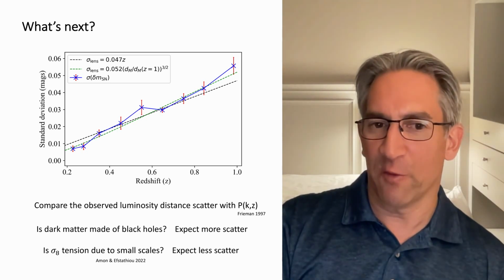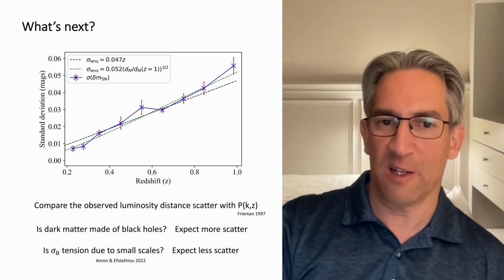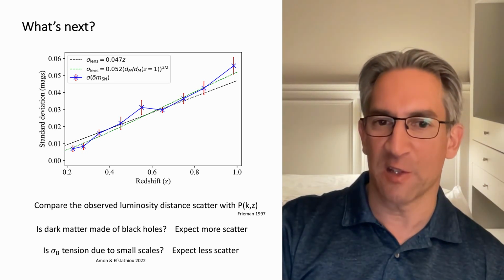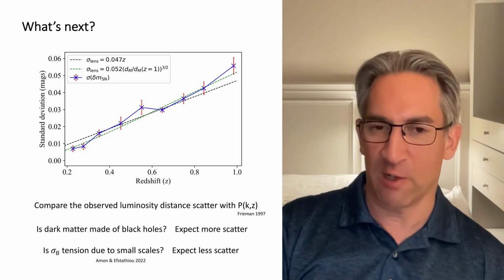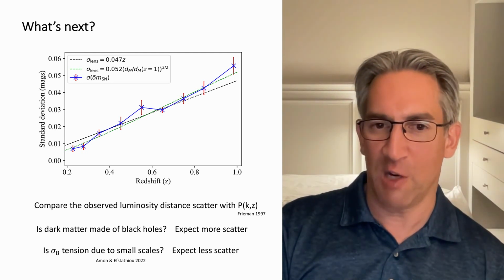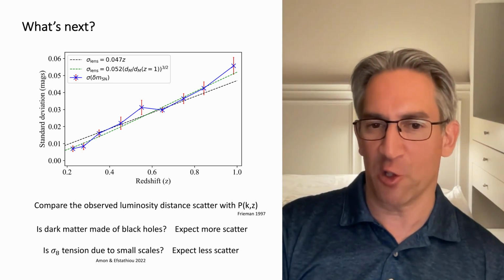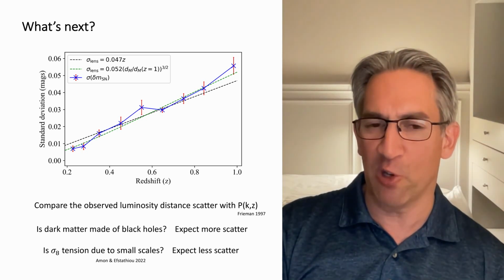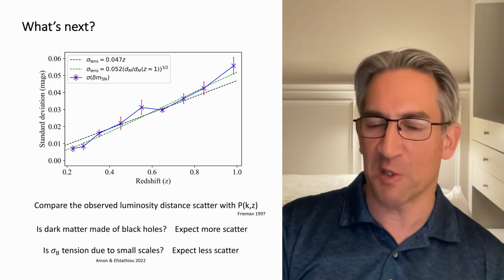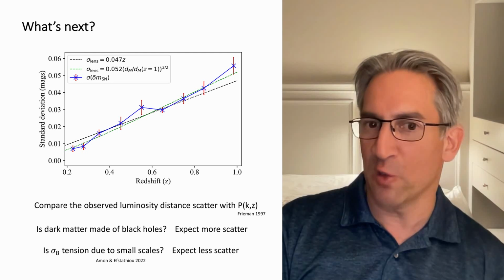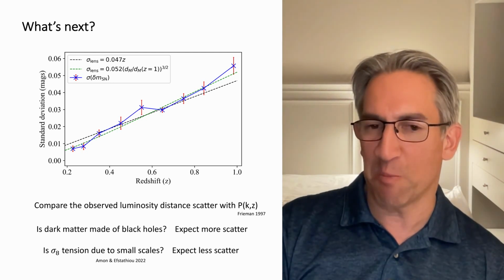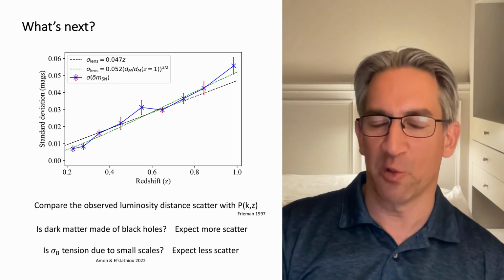Okay, another thing that we can think about is the sigma eight tension. Just as a reminder, when we look at the inhomogeneity imprinted on the cosmic microwave background, and we project how that grows under gravity through to our current universe, we find that the cosmic microwave background predicts more clumpiness in today's universe than we see in galaxy surveys. Now, one idea for how we resolve that tension is that there might be extra power suppression on small scales compared to what our models predict.